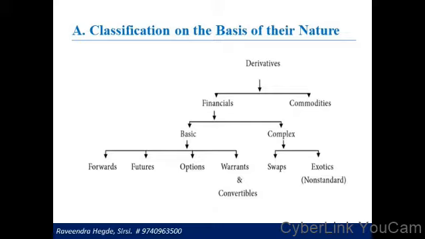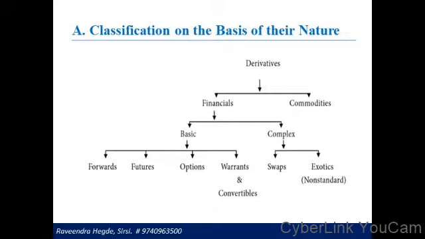So one form of classification is done between commodity derivatives and financial derivatives. Friends, the basic difference between these is the nature of the underlying instrument or asset.